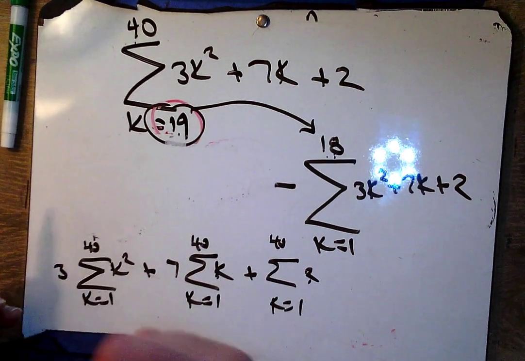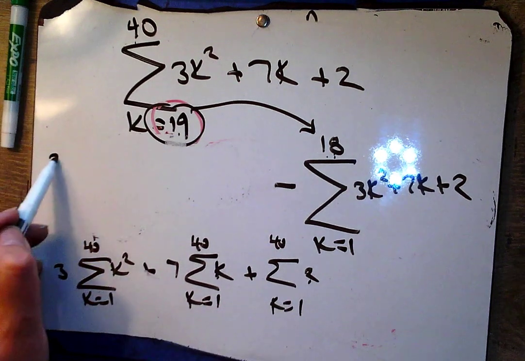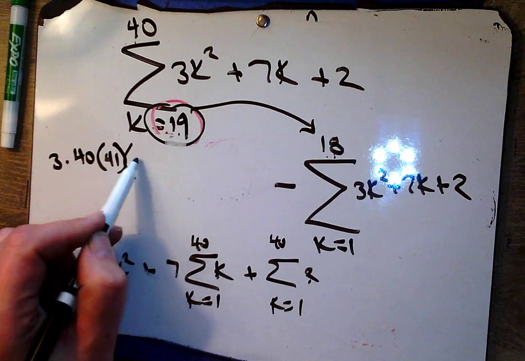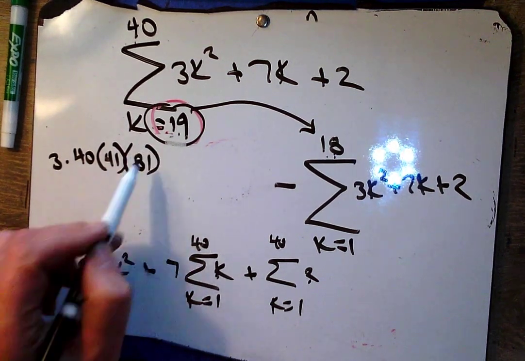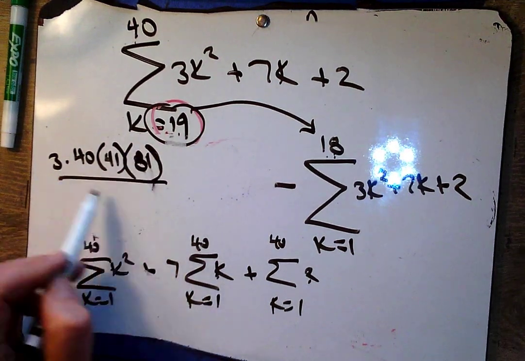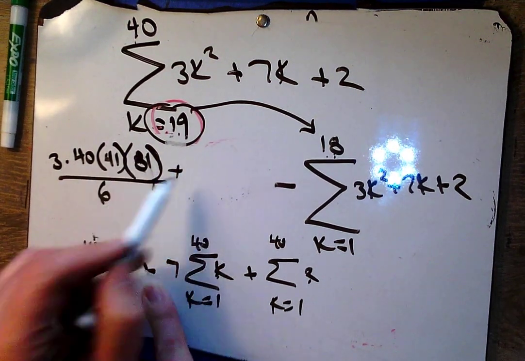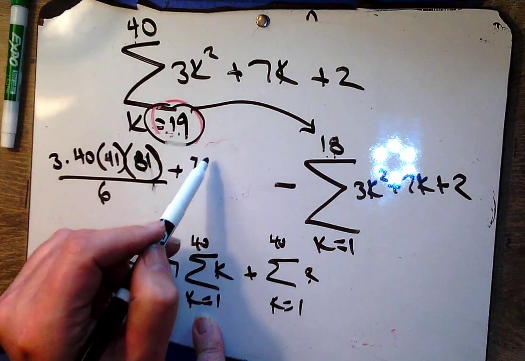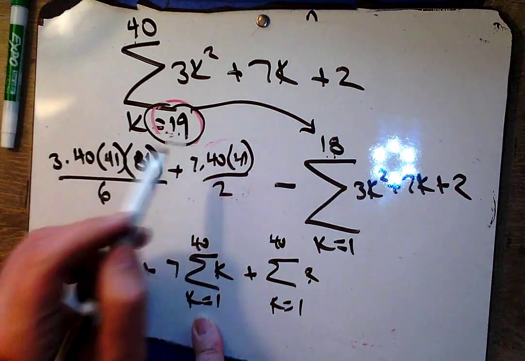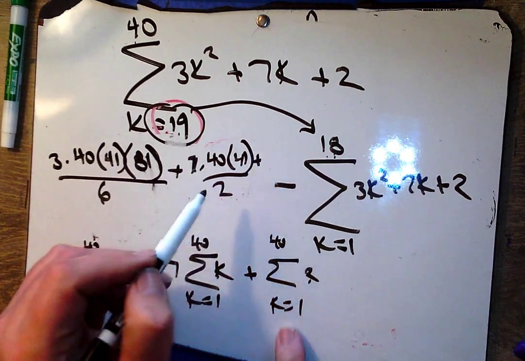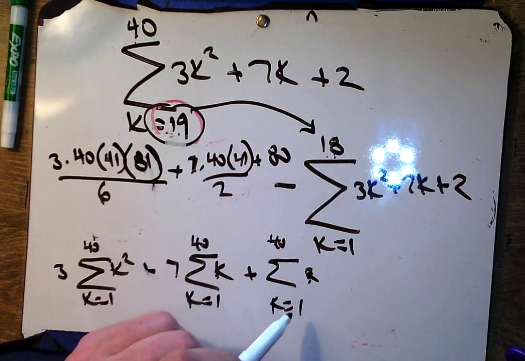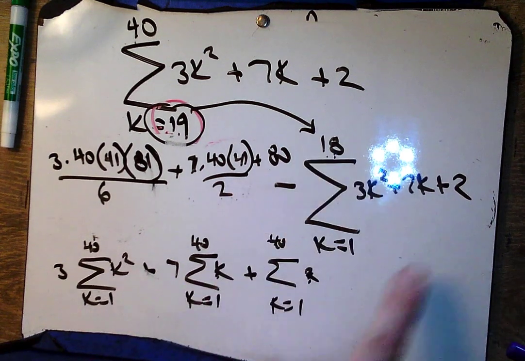Well, the shortcut for k squared is n plus 1, 2n plus 1, so 40 times 41 times 81, all over 6, plus 7 times 40 times 41 all over 2, plus 80, because that times that. But hold on, we still have this one to do.